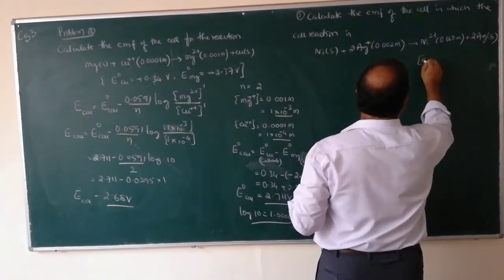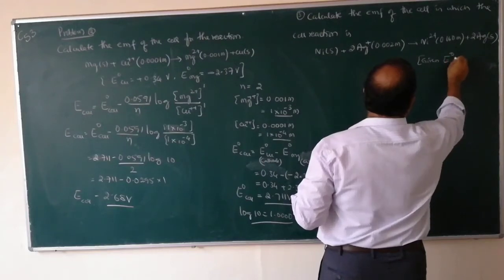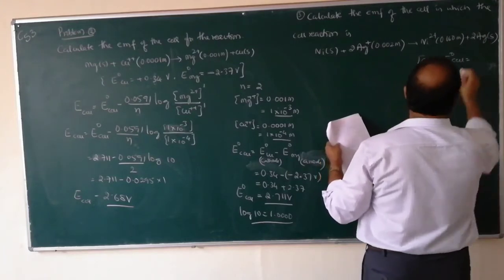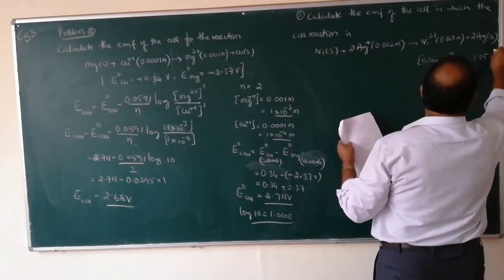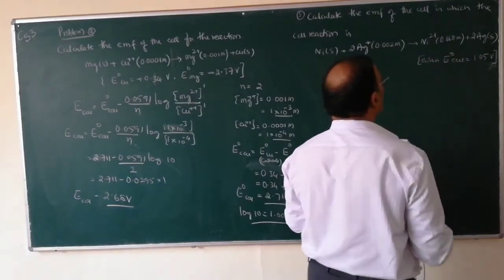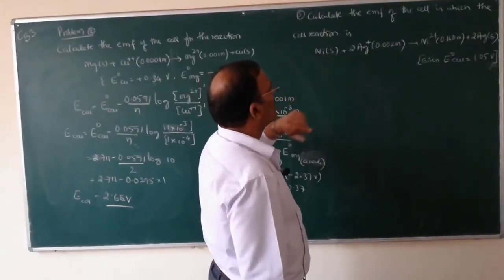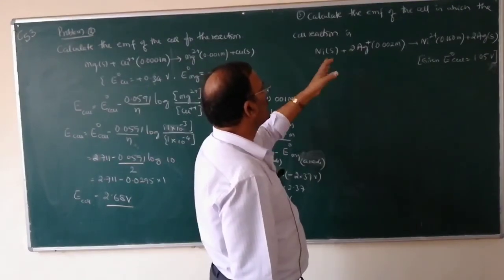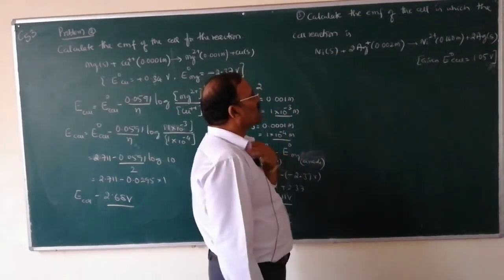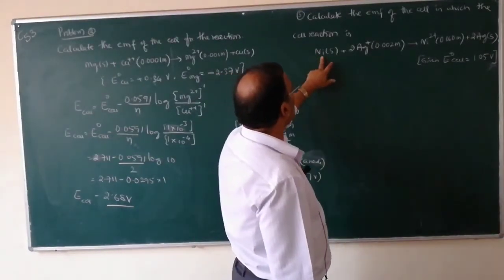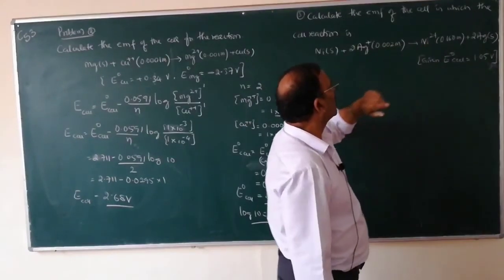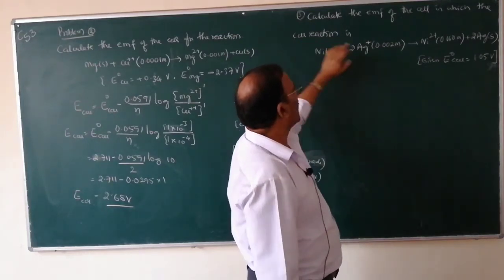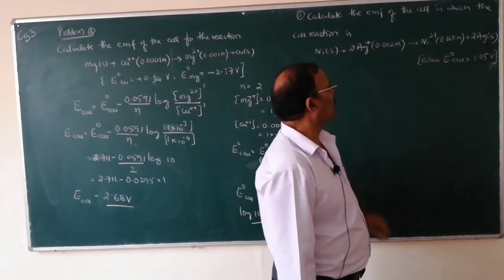What is given? Given E naught of cell equals 1.05 volt. So if this is a cell reaction, you have to know which electrode undergoes oxidation and which one undergoes reduction. Here nickel atoms lose electrons and are converted into nickel ions. So nickel undergoes oxidation and silver undergoes reduction.